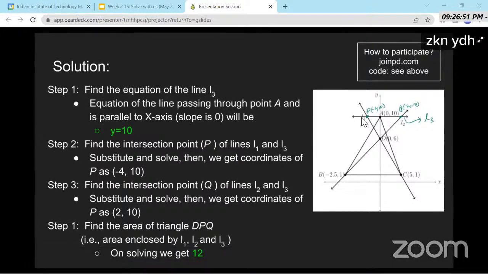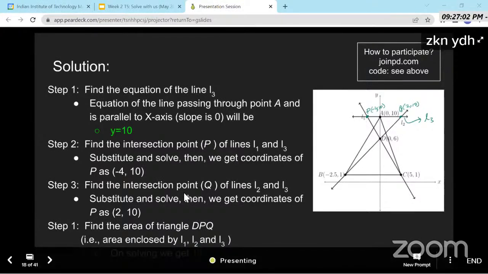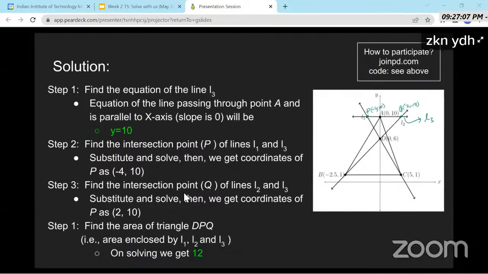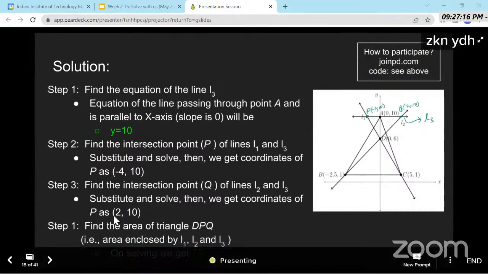And if you want to find out the intersection of the line L3 and L1, how do you do that? Basically, you find the intersections again. You can do it by substitution and you find that the point Q in fact is 2, 10. So it's a typo here. I think I'll have to correct this in step 3. It has to be Q, not P. Okay. Now we found out what P, Q, and D are.